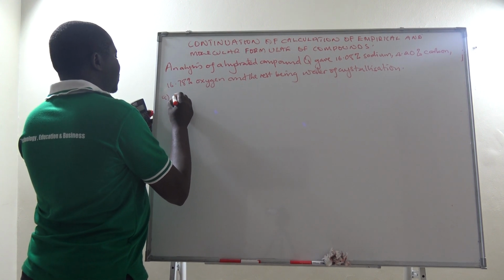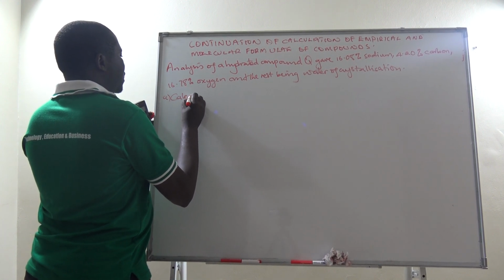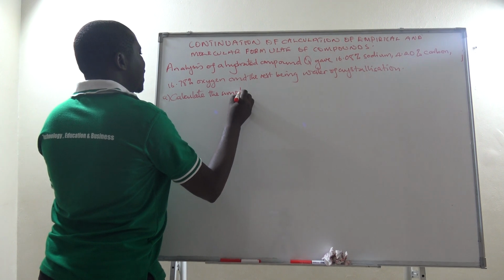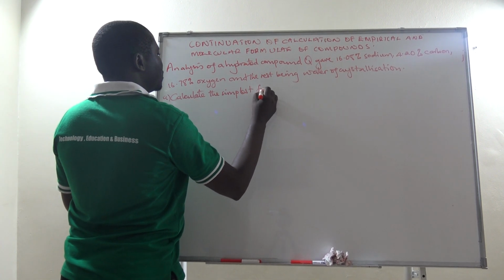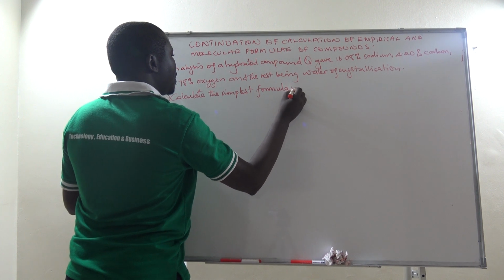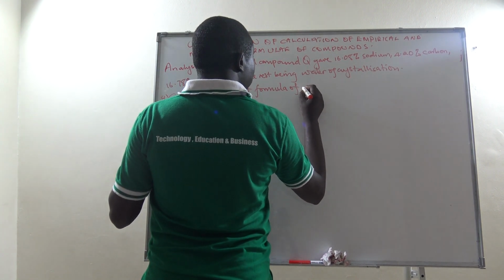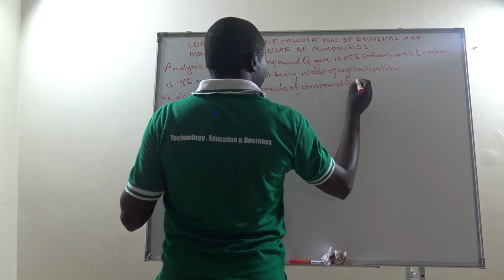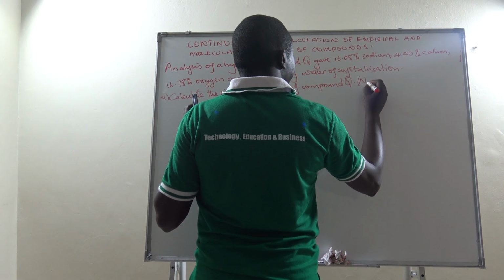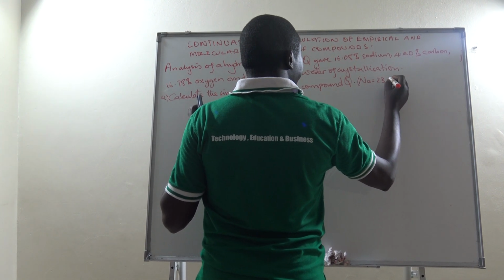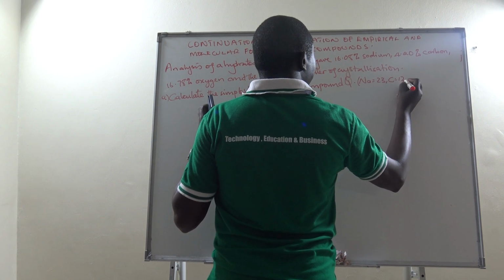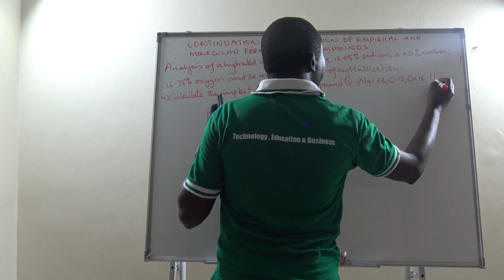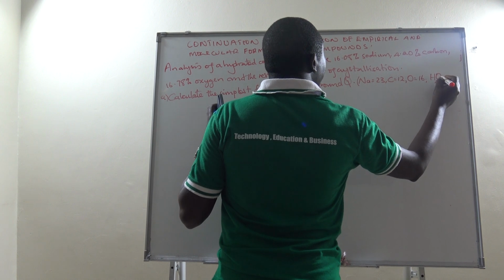So the first part of this question says calculate the simplest formula of compound Q, given that sodium is equal to 23, carbon equals 12, oxygen equals 16, and also we have been given the mass of 1 mole of water of crystallization.